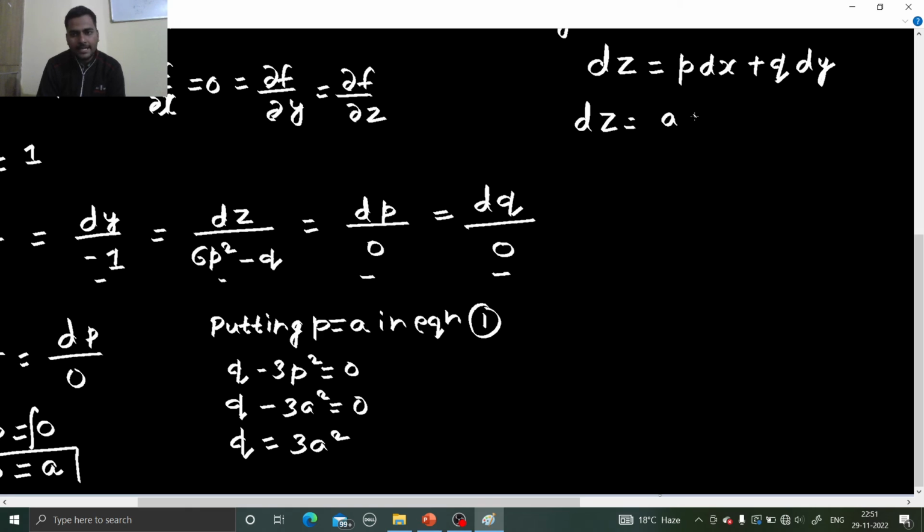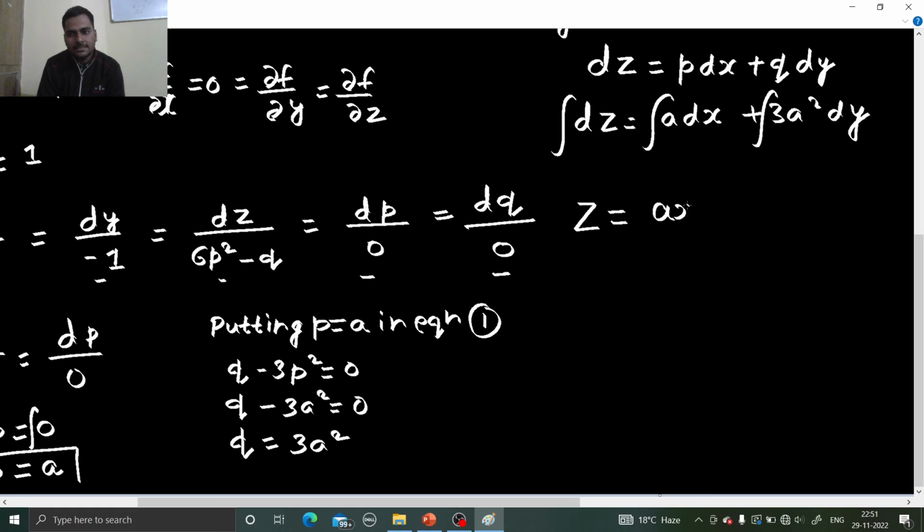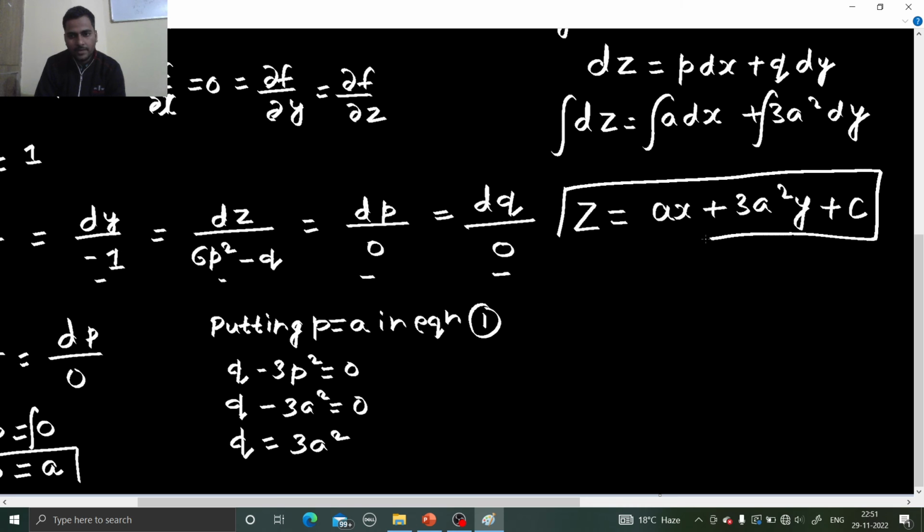That is a dx plus 3a square dy. So you get z equals to ax plus 3a square y. And of course the constant will obviously come, which is c here. So z equals to ax plus 3a square y plus c is our final answer.